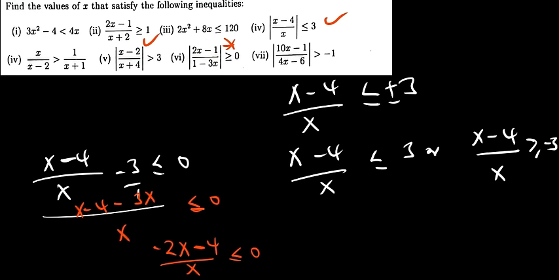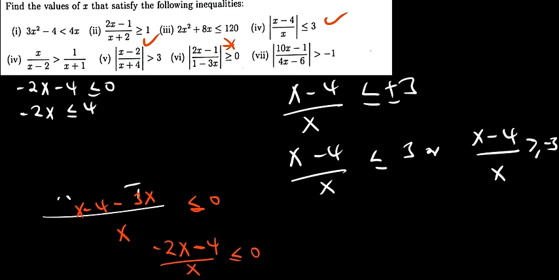Okay, so now what are we going to have? We are going to have negative 2x minus 4 less than or equal to 0. We solve for x: negative 2x less than or equal to 4. Divide both sides by negative 2. If I divide both sides by negative 2, the sign will change.